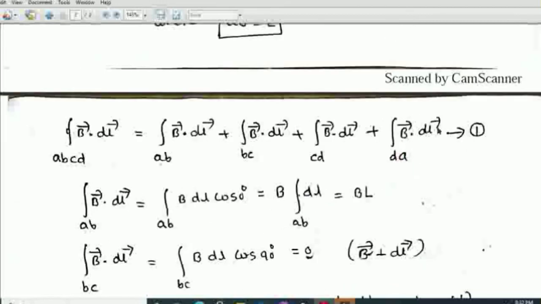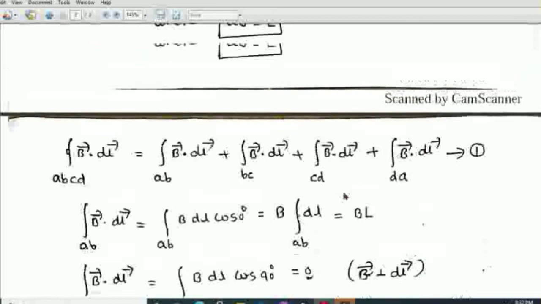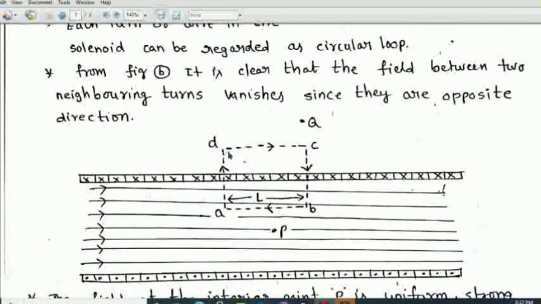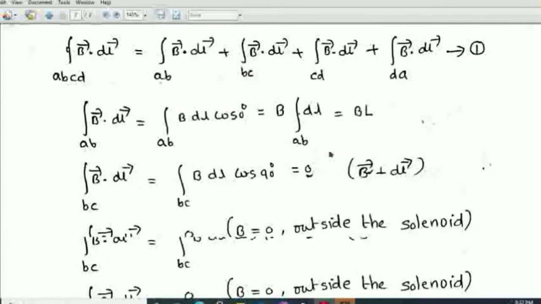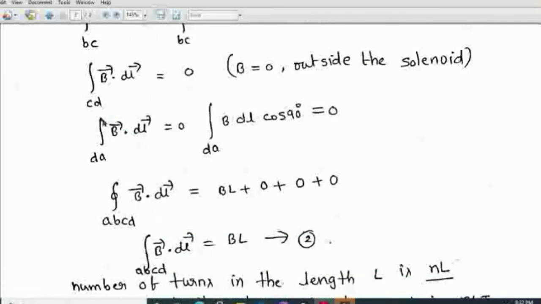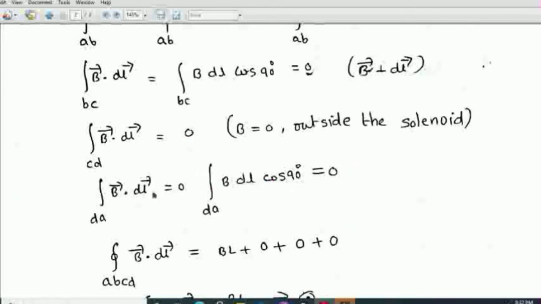The line integral of the magnetic field for the part DA. Now again DA is perpendicular to the direction of the magnetic field. Here theta is equal to 90 degrees. So the line integral of the magnetic field across the DA part is equal to 0, because theta is 90 degrees. So the line integral of B bar dot dl bar across the DA part also is equal to 0.